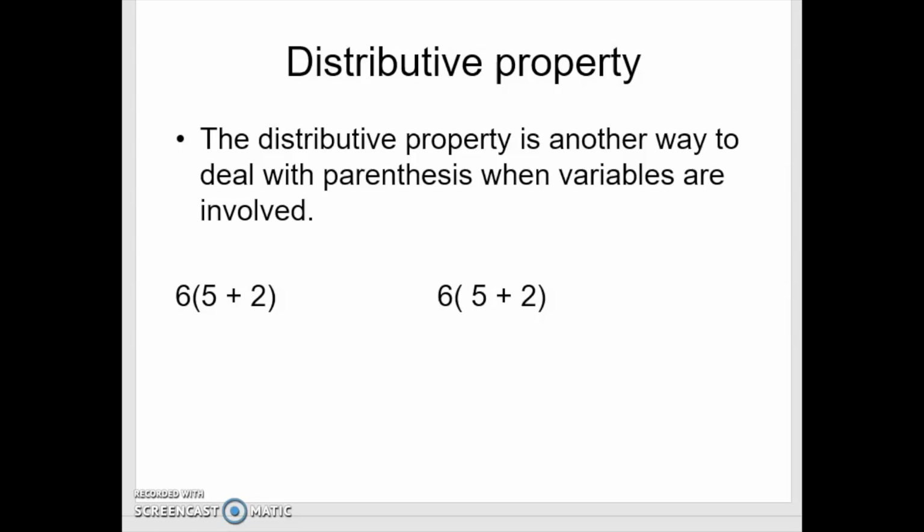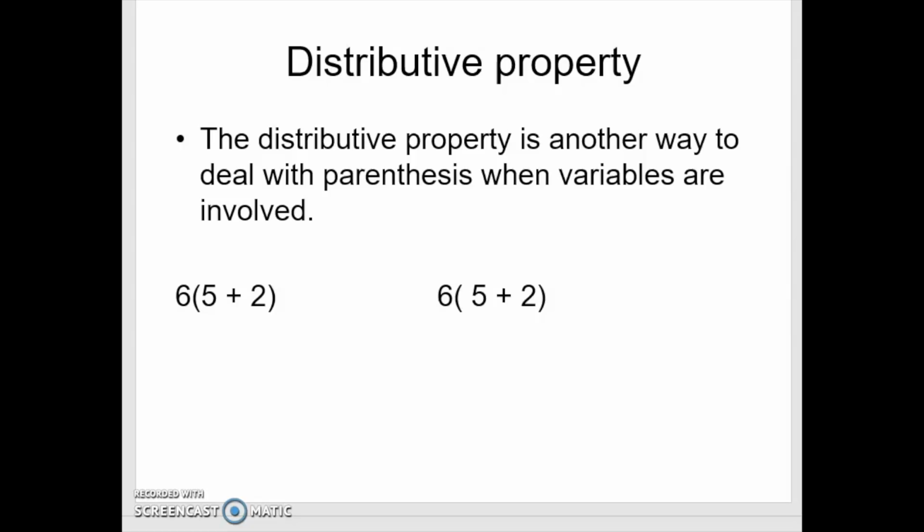Now I'm going to start off by showing you how distributive property compares to order of operations. It is just another way to solve something that'll give us the same answer, and then we'll talk about why we would do that. So over here, you'll see I have the same exact problem written down twice.